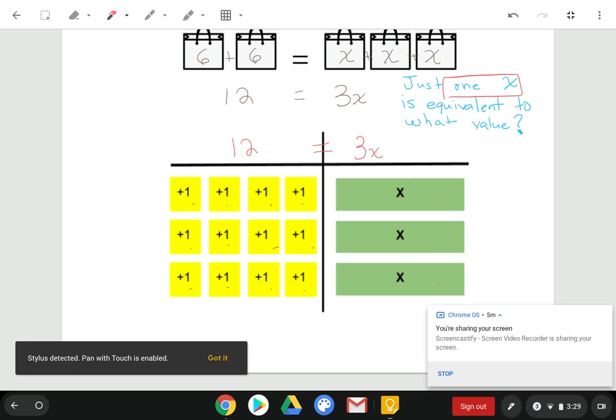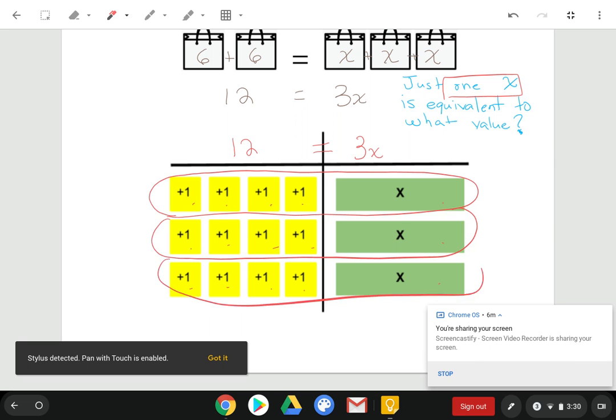Well, look at the way this is lined up. If I take this and divide that up, notice that each X is equal to 4 positives. Okay, you see this X right here?